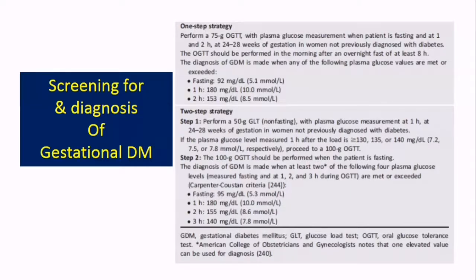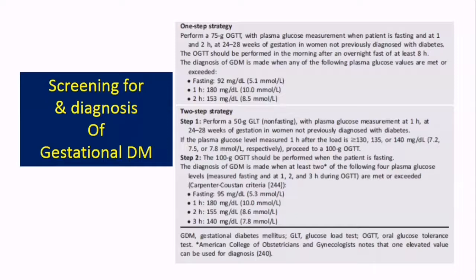So the one-step strategy is performing a 75 grams OGTT with plasma glucose measurement when the patient is fasting, and at 1 hour and 2 hours at 24 to 28 weeks of gestation in women who were not previously diabetic. This OGTT should be performed in the morning after an overnight fasting of at least 8 hours.